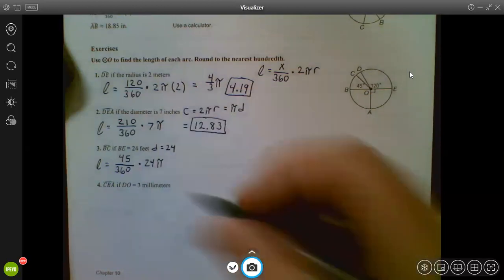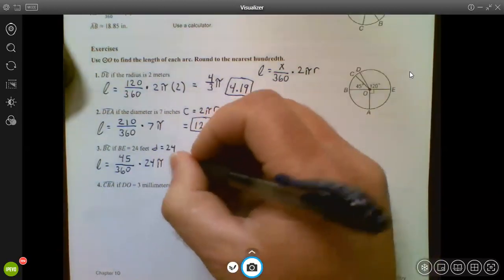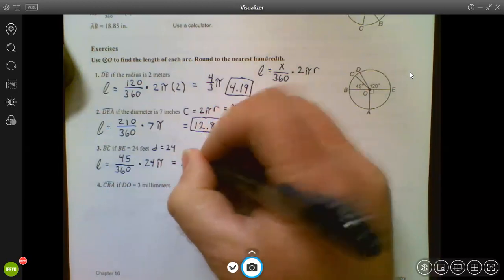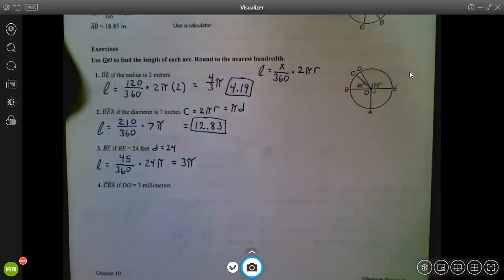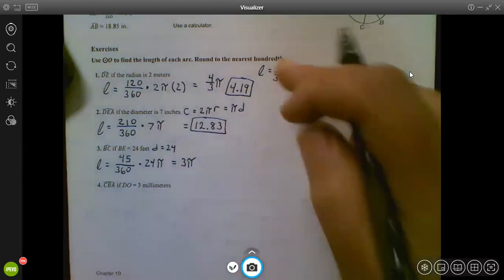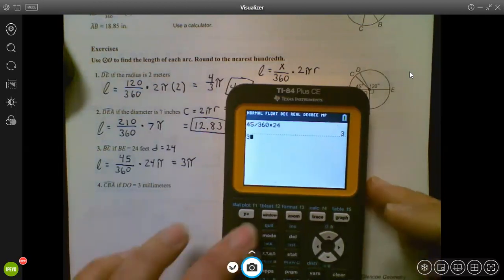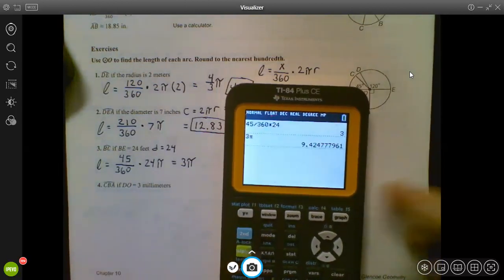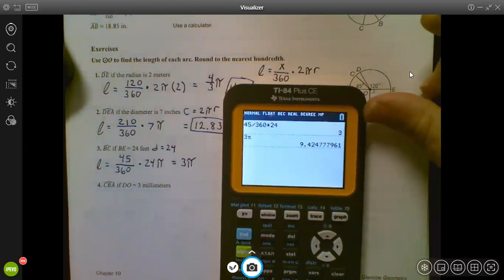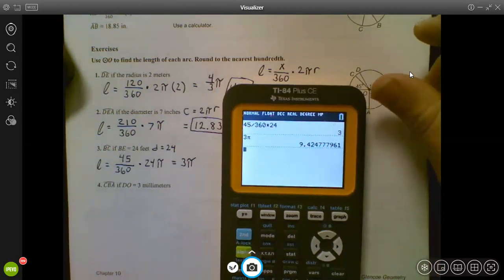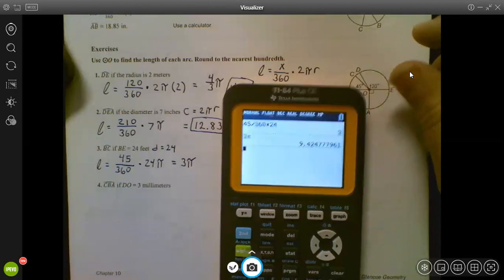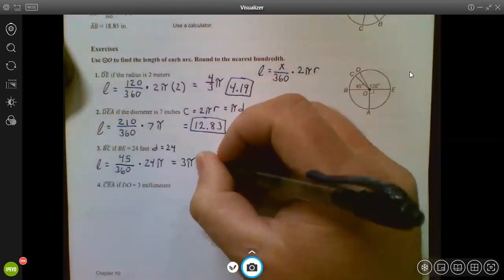So in other words, 3 pi would be the arc length, right? If they ever said leave your answer in terms of pi, that's what it would look like. If they wanted us to round it like this one is asking for, I could simply do the whole thing in my calculator and get the decimal. So 9.42 would be the rounded answer.